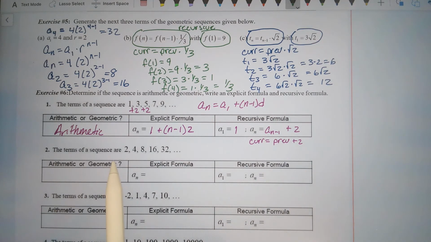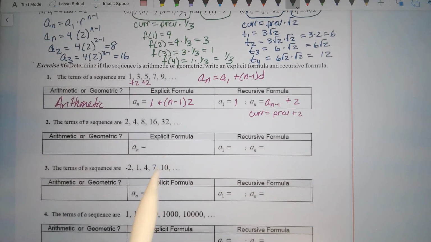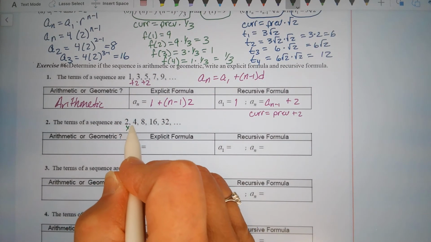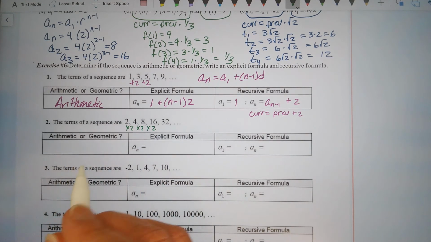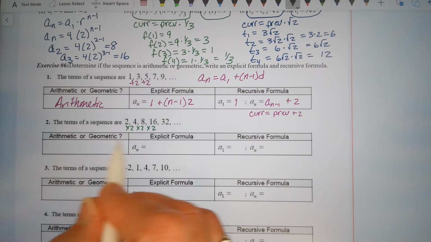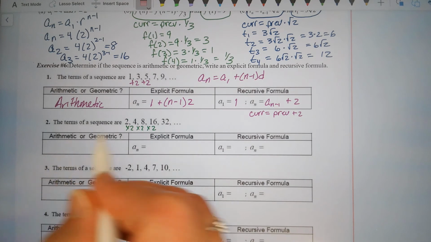Next, we have the terms of the sequence 2, 4, 8, 16, 32, where we definitely see we are multiplying by 2. So since it's a constant multiplier, this is geometric.